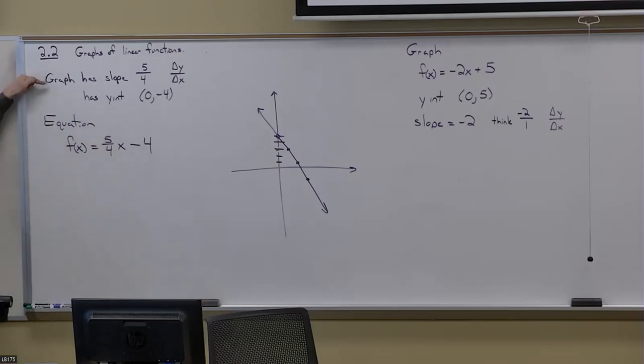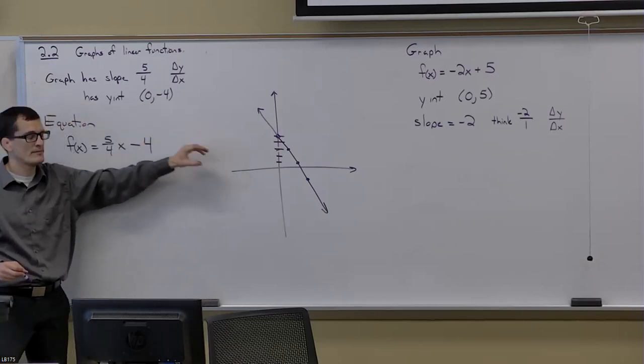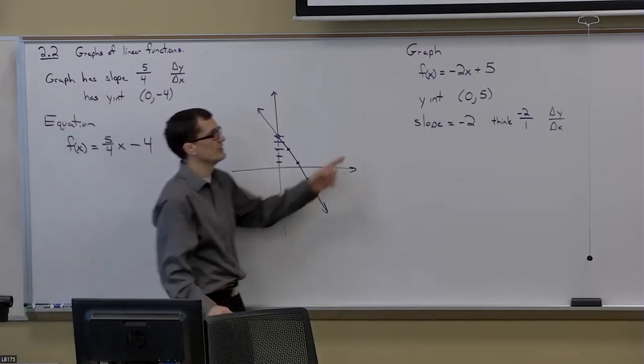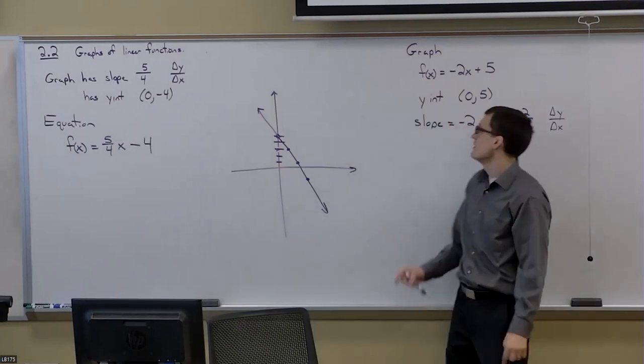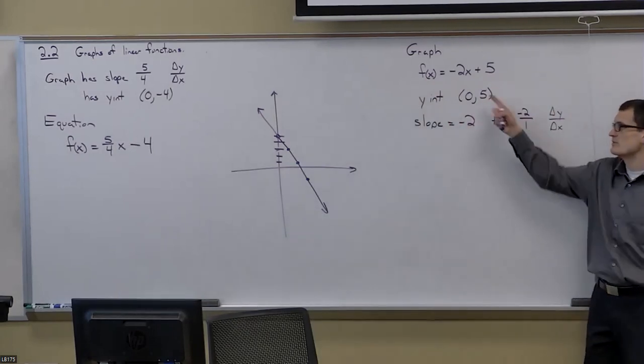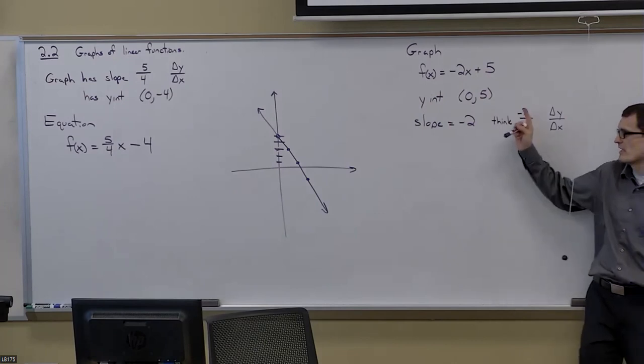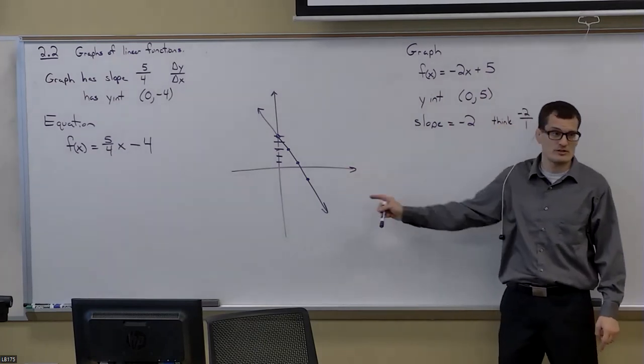So you can see those pieces visually on a Cartesian coordinate plane, then we can come up with the equation as well. If we have the equation, then we can look at those two features of the equation and then graph it on the Cartesian coordinate plane.